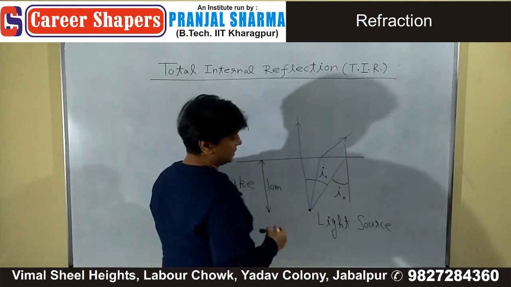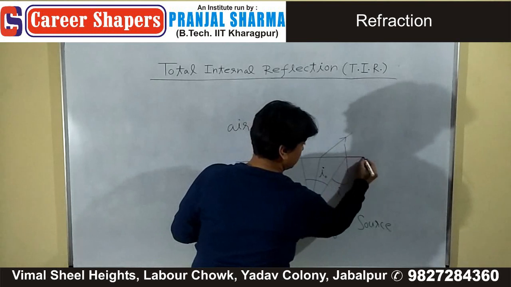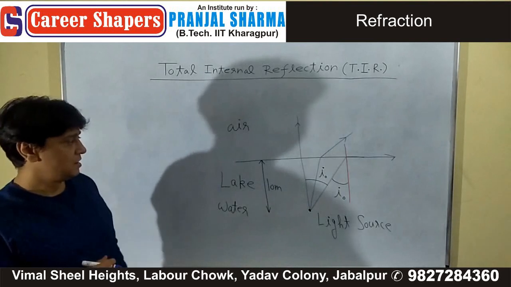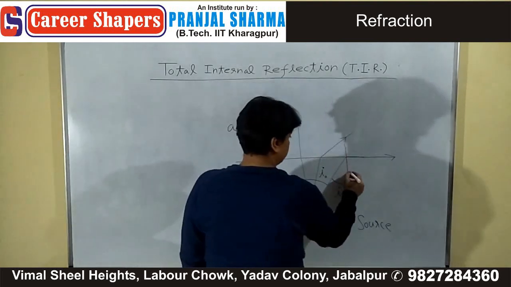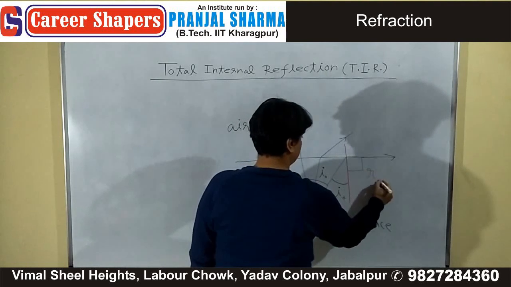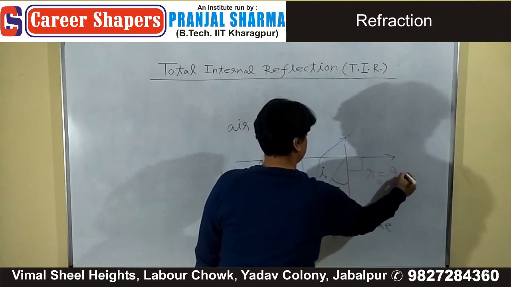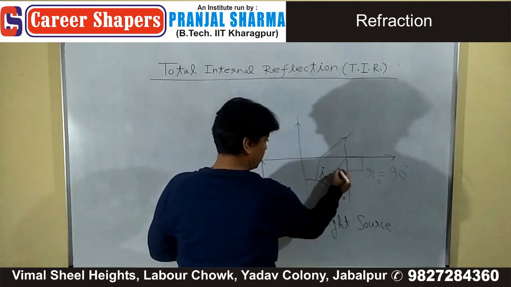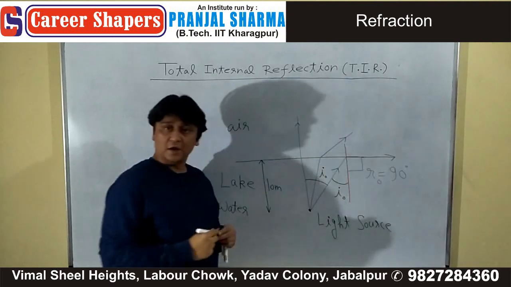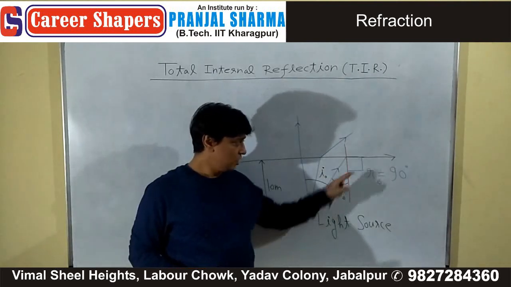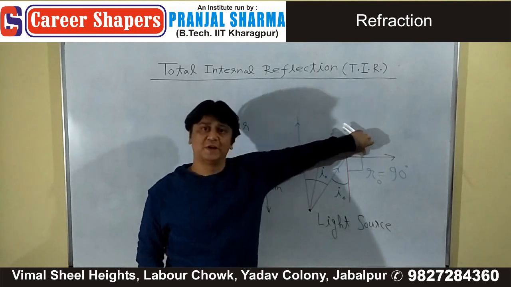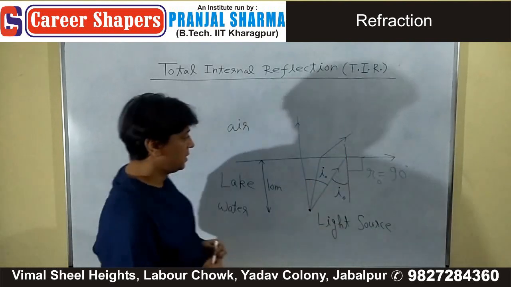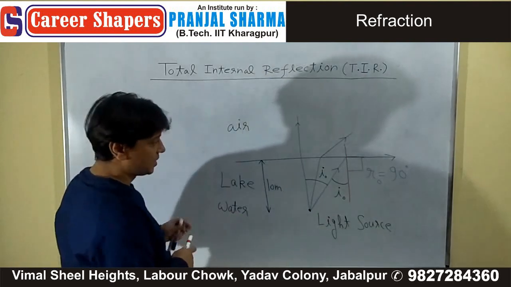Then this ray simply moves like this at grazing angle. This is R naught, which is 90 degrees. That's your incident ray. Any other ray which falls on this side will be simply reflected back into what? Lake. And therefore we are not interested in that.